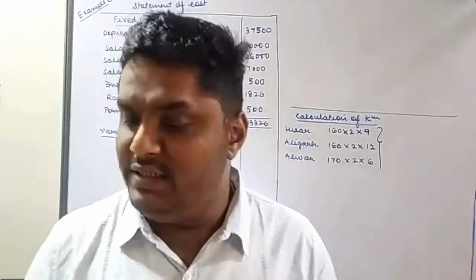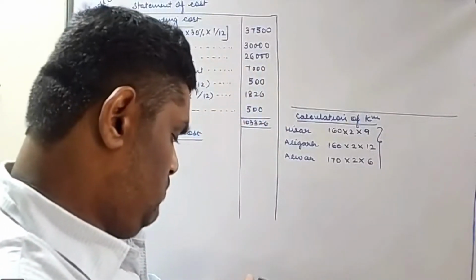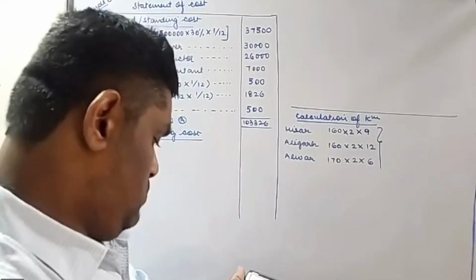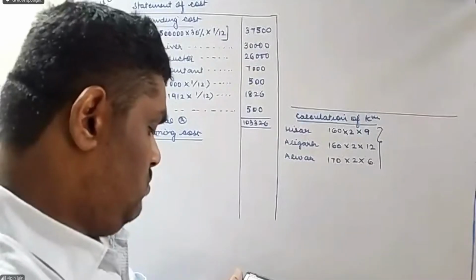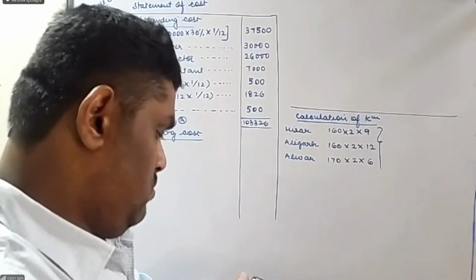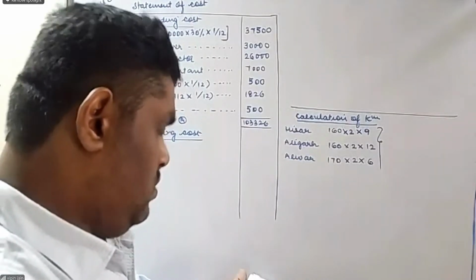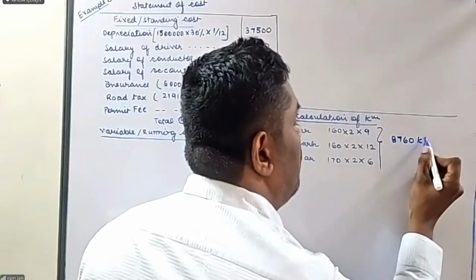So the total distance traveled by bus is 8760 kilometers.